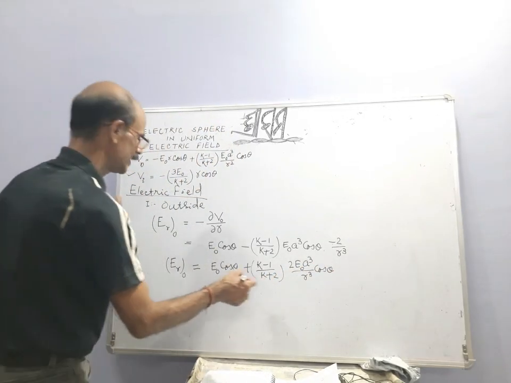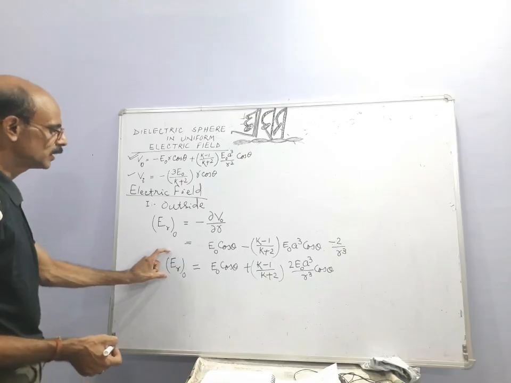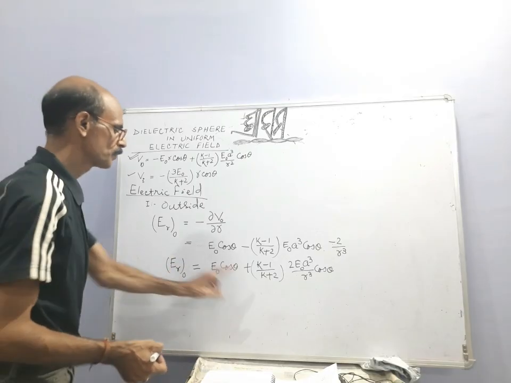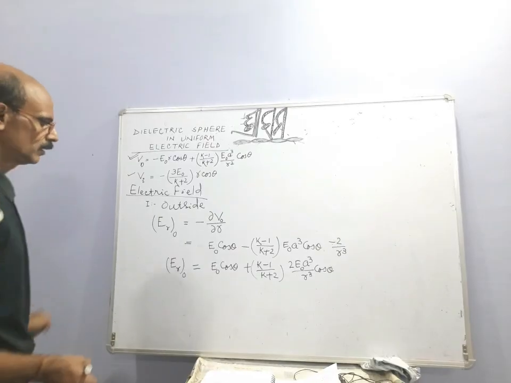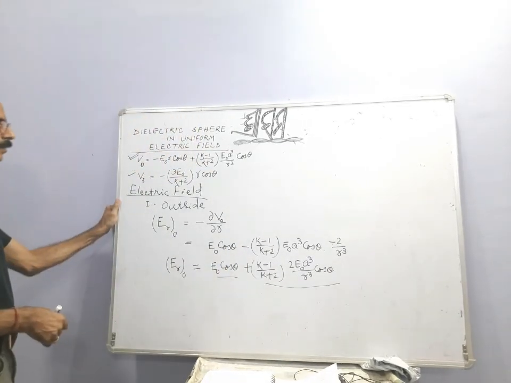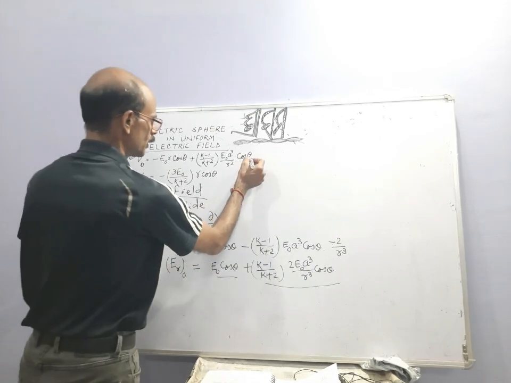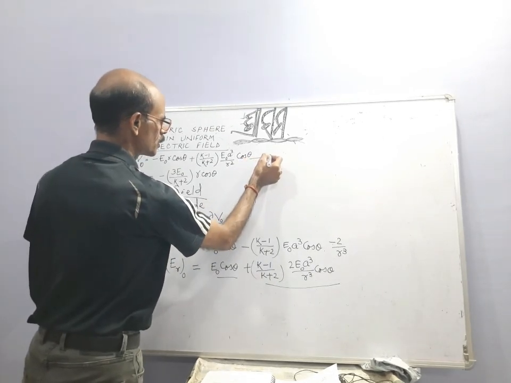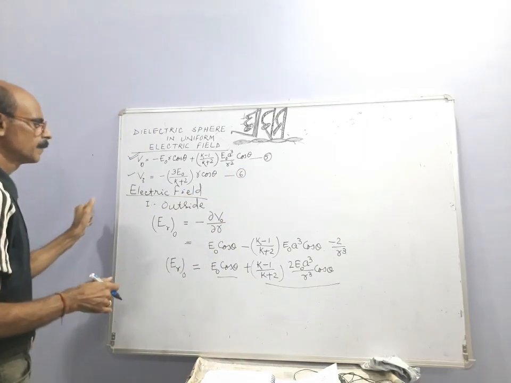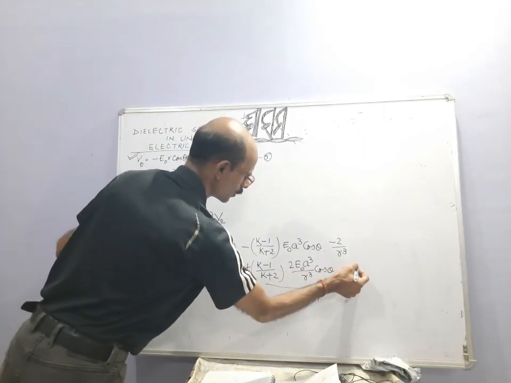So this is the expression for E_r, the electric field outside the dielectric sphere. So two parts here. Perhaps it was equation number 5 and equation number 6 as I recall. Let it be equation number 7.